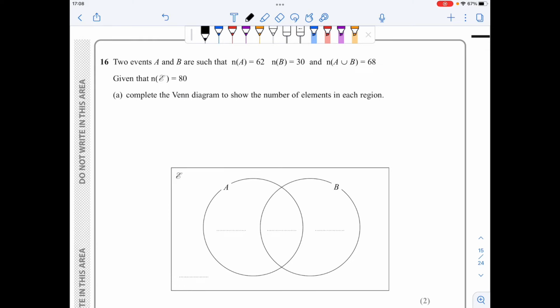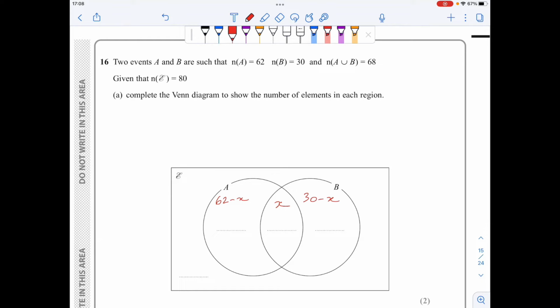For part of question 16, you can label the central region as x, and then the left region will be 62 minus x, because the whole of A is 62. Similarly, because the whole of B is 30, then the right region will be 30 minus x.